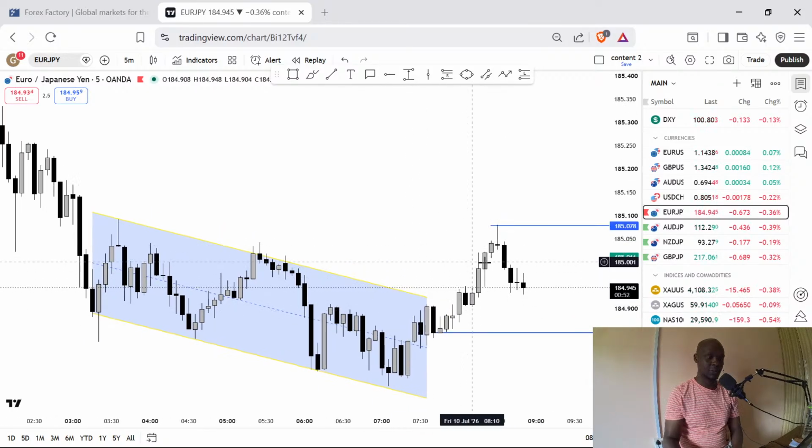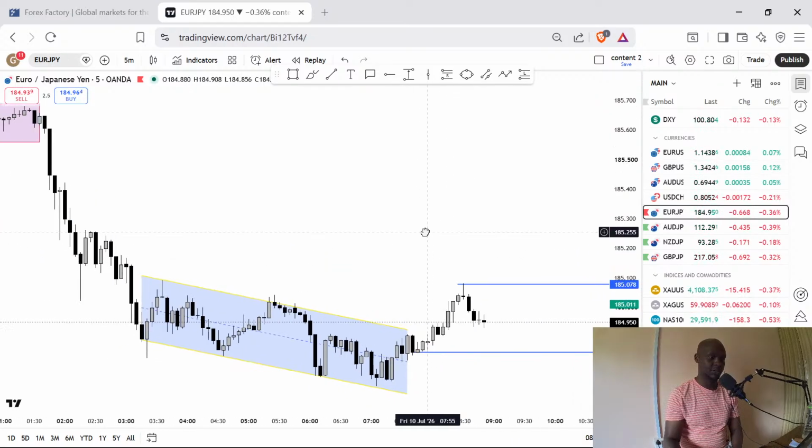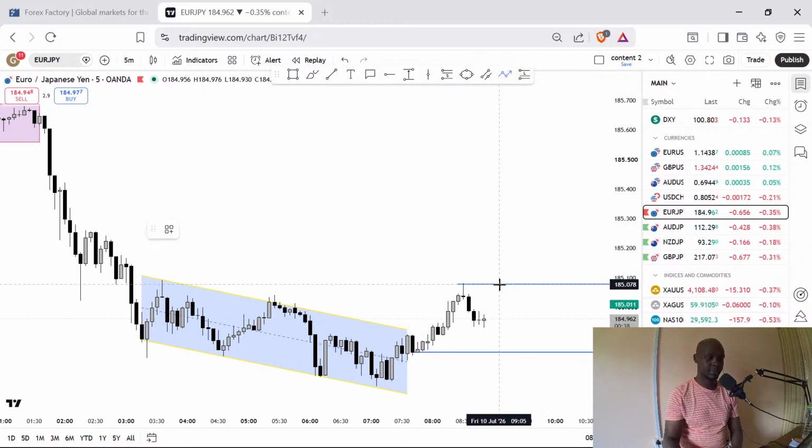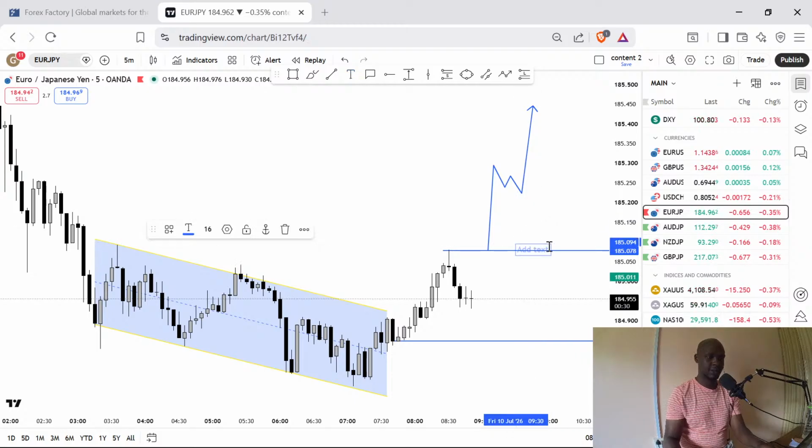So right now we are getting the pullback, and we might continue to push higher, but I'm not getting involved at this moment. I'll still wait to see how we can break this high. If we break out impulsively, then I can look for pullback entries to take prices higher. Let me just label this.